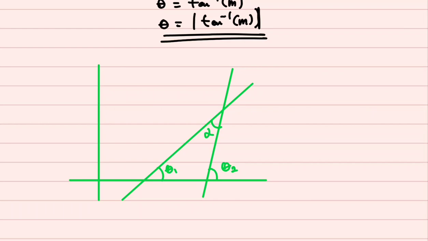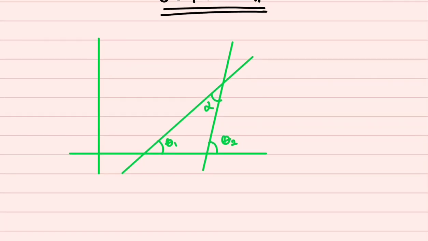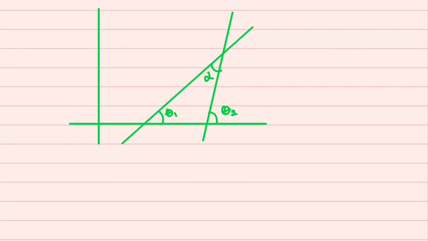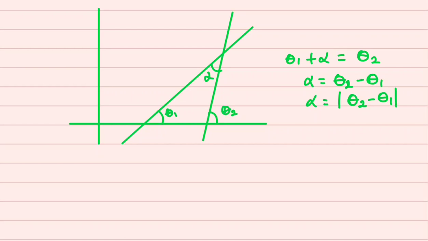Now, from the geometry of lines and angles, we will come to terms with the theorem that states that the sum of the opposite angles of a triangle is equal to the external angle. Hence, we can have theta 1 plus alpha is equal to theta 2. So, of course, alpha is going to be theta 2 minus theta 1. So alpha is actually the absolute value of theta 2 minus theta 1.